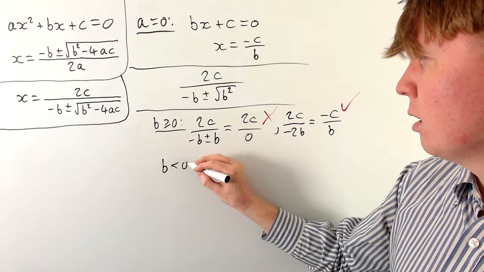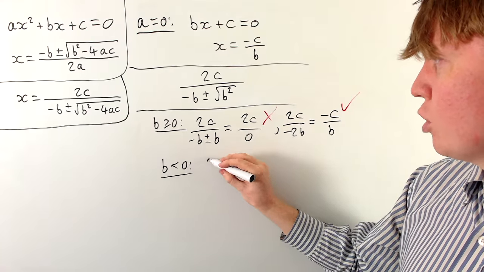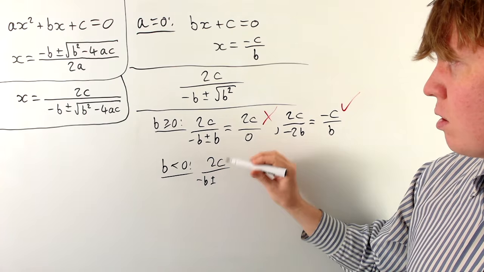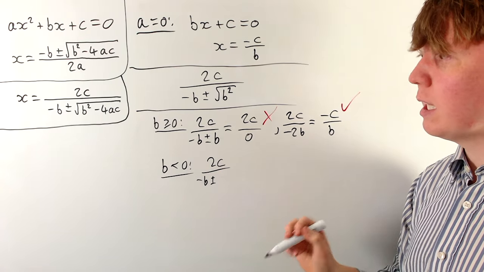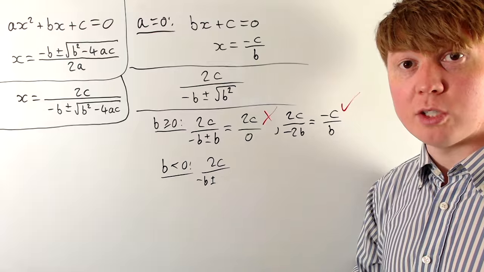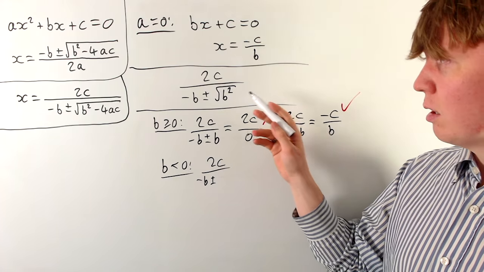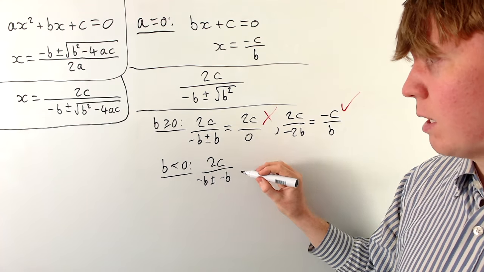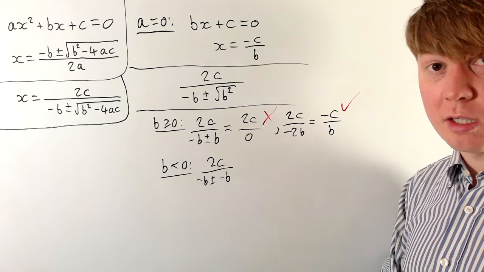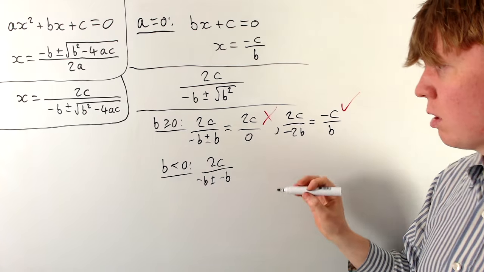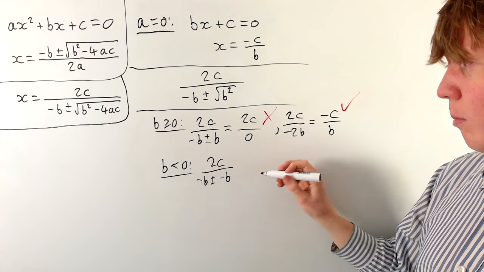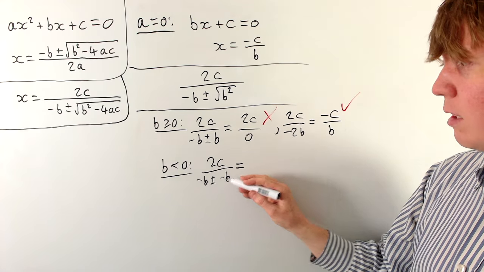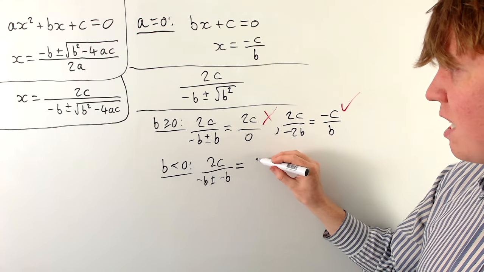And similarly, when b is negative, we'd have 2c over minus b plus or minus the square root of b squared. But here, the whole point of splitting this up into positive and negative b is that the square root of b squared is actually the negative of b when b is negative, so it needs to be a positive answer for the square root. But then we're just adding and subtracting minus b, so we actually get the same two solutions. When we do minus b minus b, this gives us 0 again.